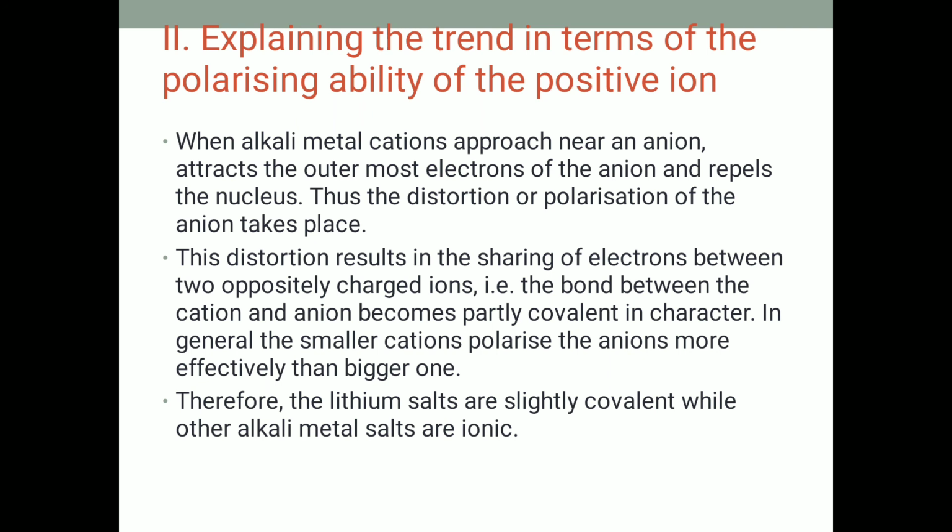This distortion results in the sharing of electrons between two oppositely charged ions, i.e., the bond between the cation and anion becomes partially covalent in nature. In general, smaller cations polarize anions more effectively than bigger ones. Therefore, the lithium salts are slightly covalent while other alkali metal salts are ionic.